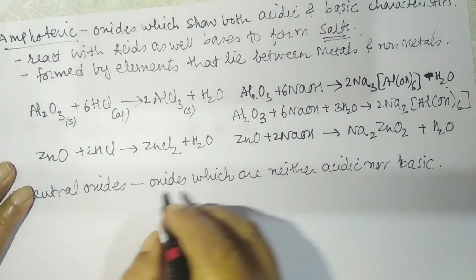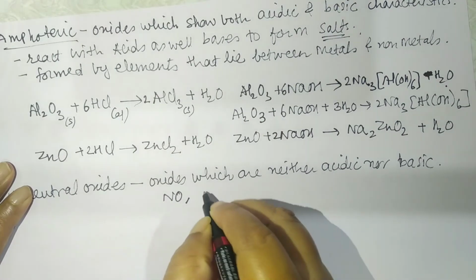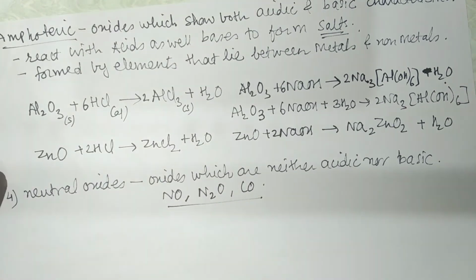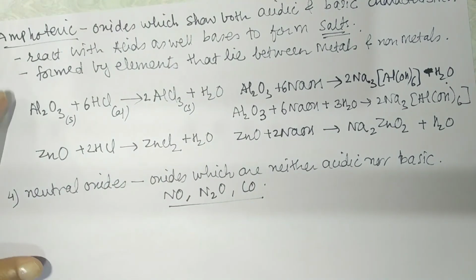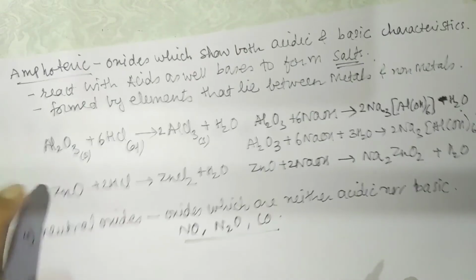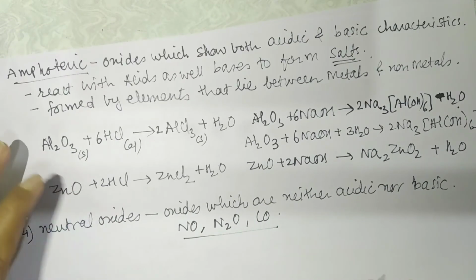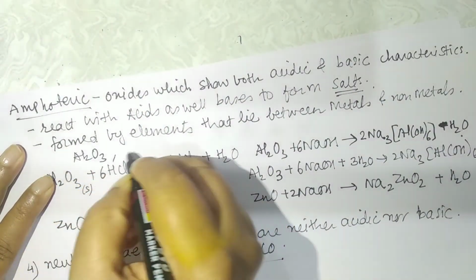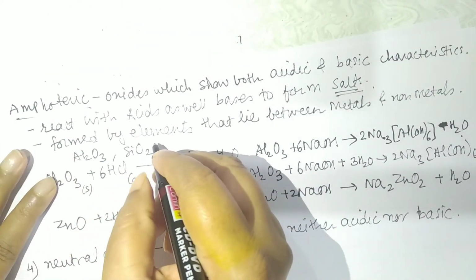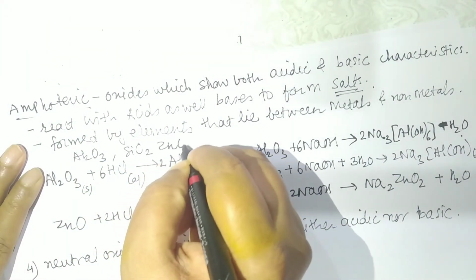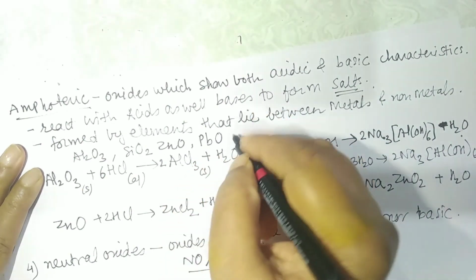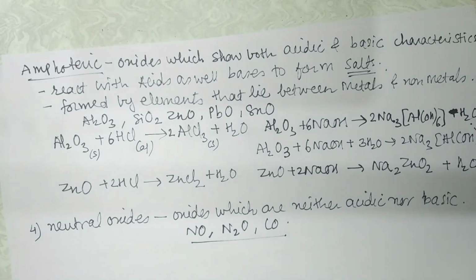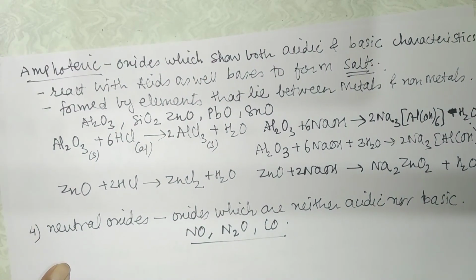And the examples here, there are only 3: NO, N2O and CO. We have a few more for amphoteric. Like I had aluminium oxide Al2O3, you can have silicon oxide, zinc oxide which we have taken, lead oxide, then stannous oxide, that is tin oxide. So those are the amphoteric oxides and those are the neutral oxides.